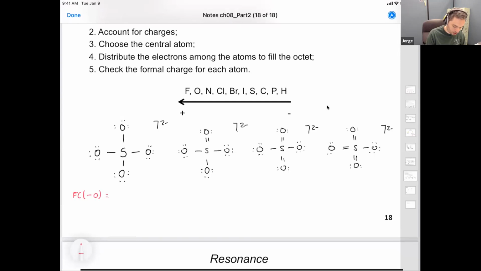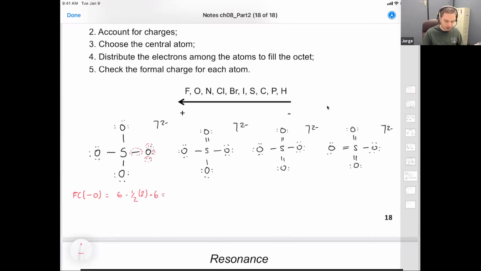The formal charge is going to be equal to the number of valence electrons for this element, which is 6, minus half of the bonding electrons. There is only one single bond, therefore we have 2 bonding electrons for the oxygen, minus the number of non-bonding electrons. Okay, 2, 4, and 6.